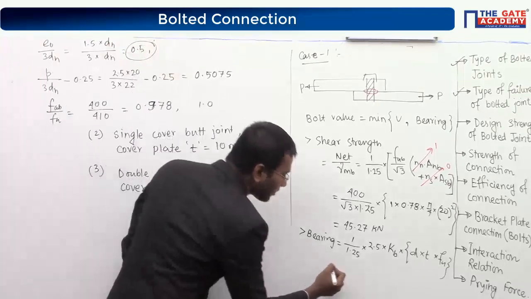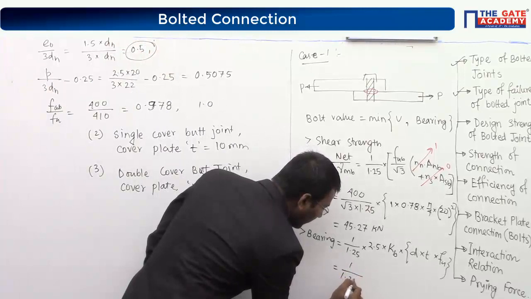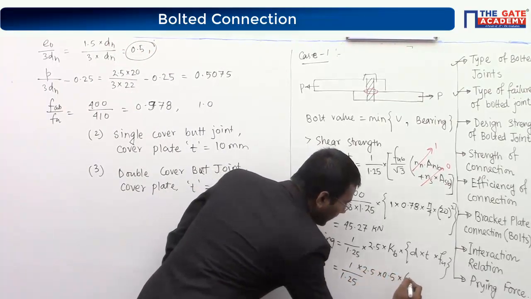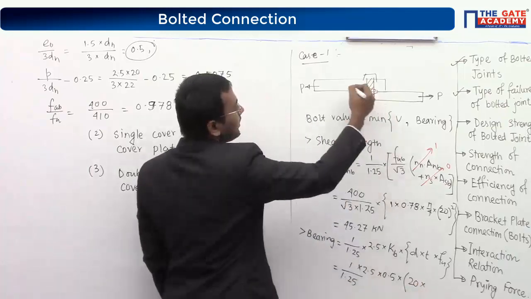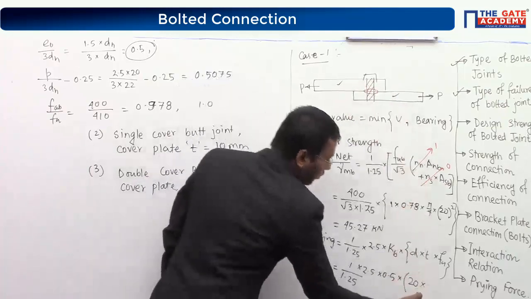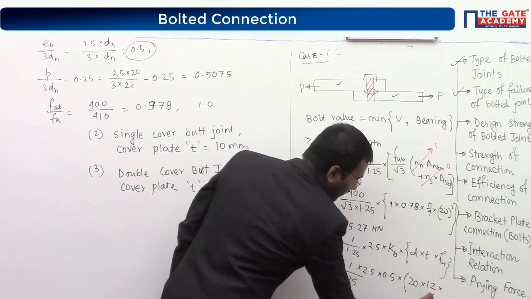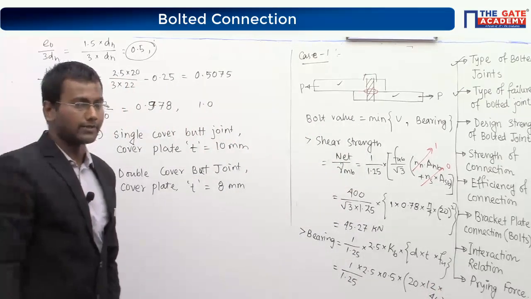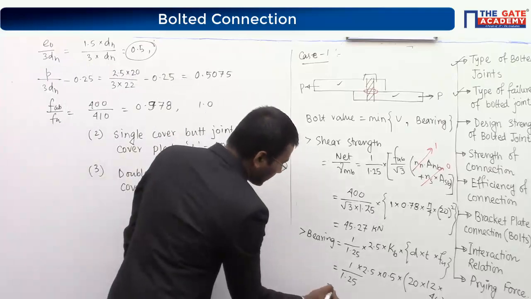So you can find: 1 by 1.25 multiplied by 2.5, kb 0.5, d 20, t minimum, both are 12, multiplied by f of u 410, for Fe410 steel plates. So you can find the bearing strength.